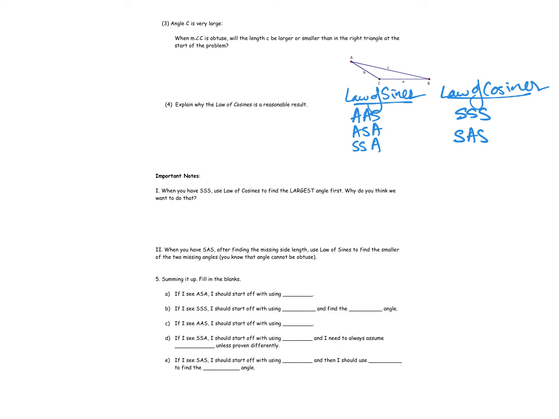Now, in terms of thinking about what the law of cosines is, let me just write a generic triangle here. So A, B, C, and then sides a, b, and little c. Let's just say we needed to find side length a.